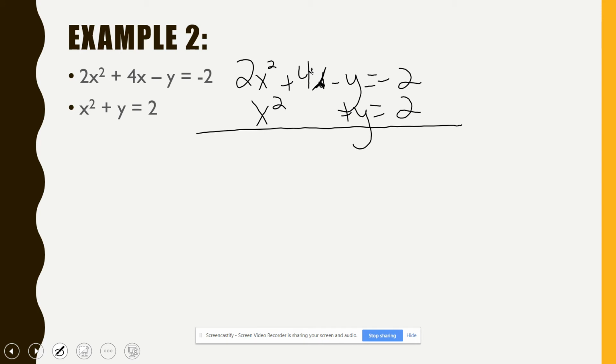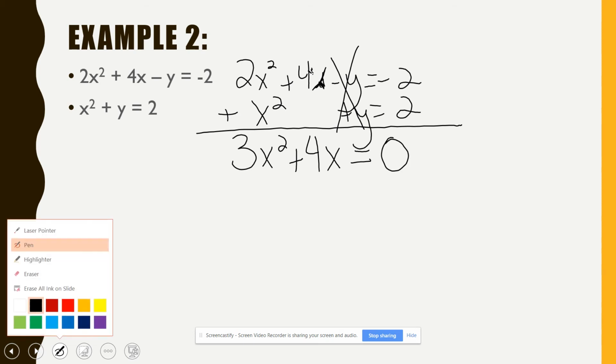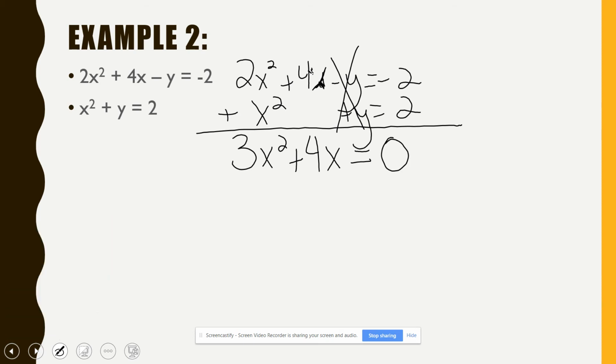So everything lines up, and if I add together right now, again, my y's are going to add to 0. So 2x squared plus 1x squared is 3x squared. And we have this 4x is equal to -2 plus 2 is 0. So my equation already equals 0.